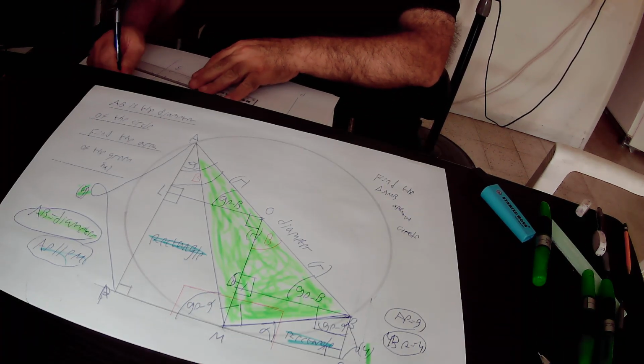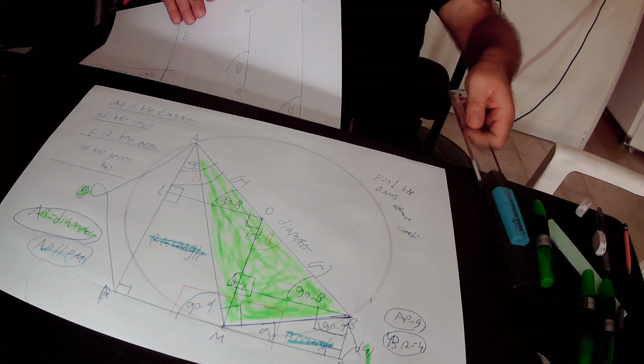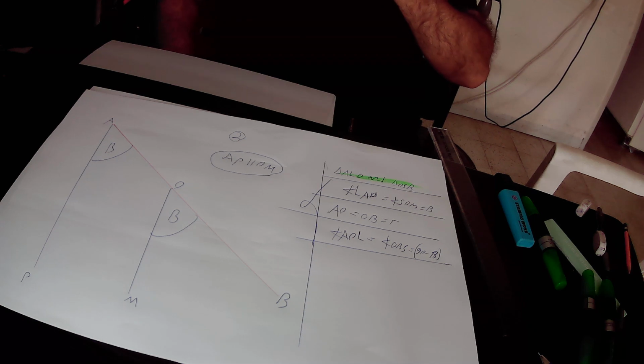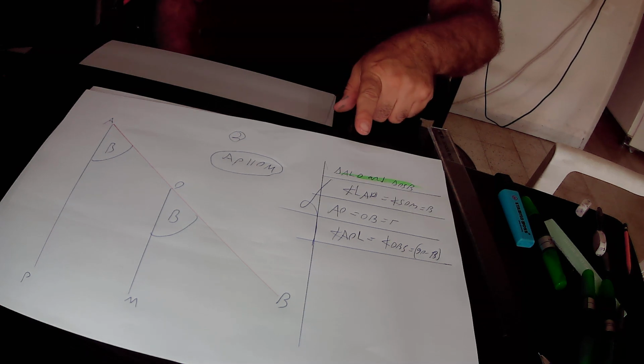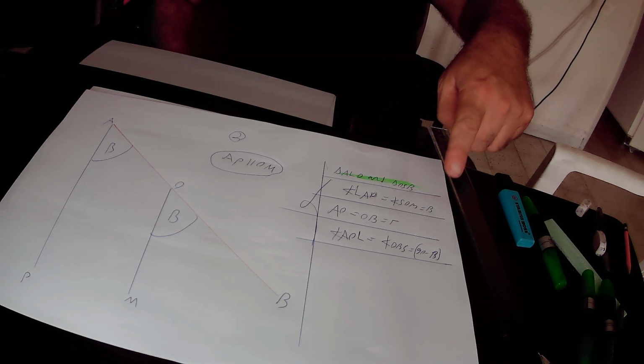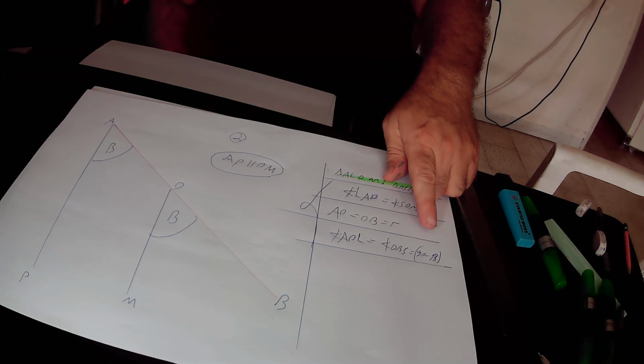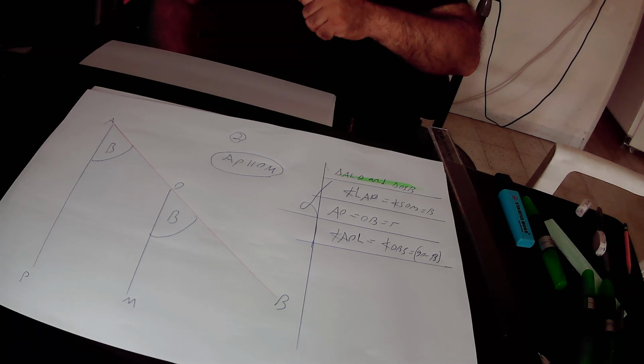Angle AOL in the right triangle ALO is equal to angle OBS in the right triangle OSB. They are both equal to 90 degrees minus beta and therefore they are equal to each other.